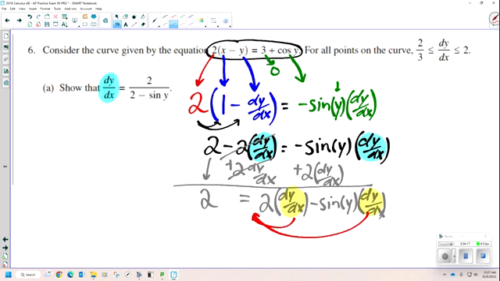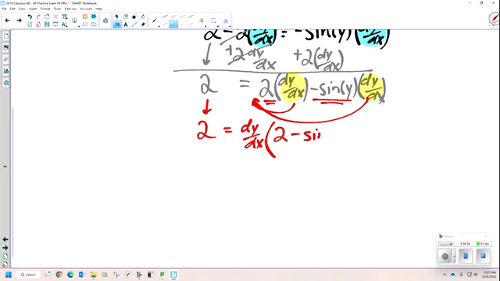Okay? So let's continue that right now. This 2 still comes for the ride. Whee! It's there. I love the wee noise. dy/dx gets factored out, times what's left: 2 minus the sine of y.